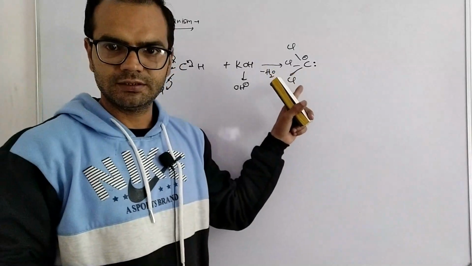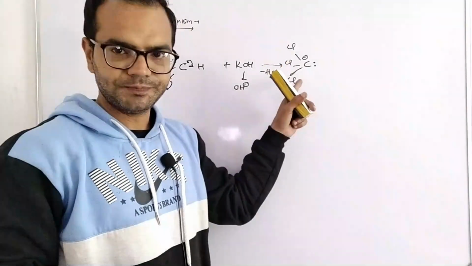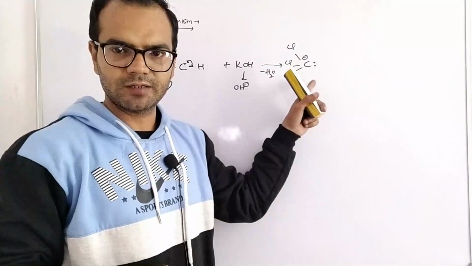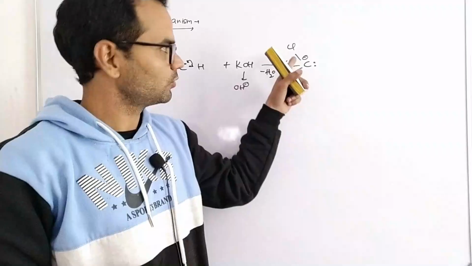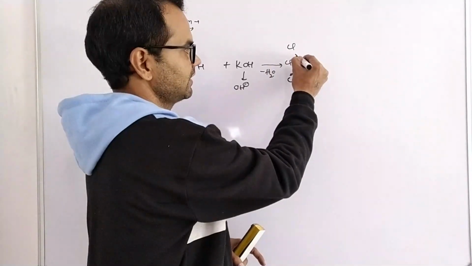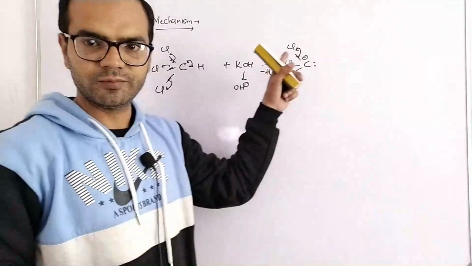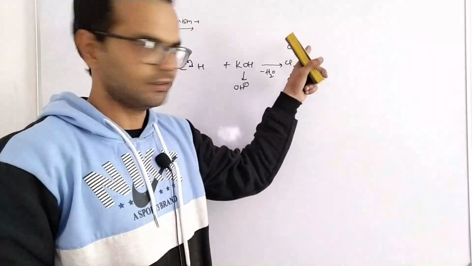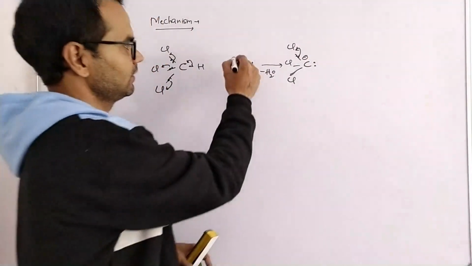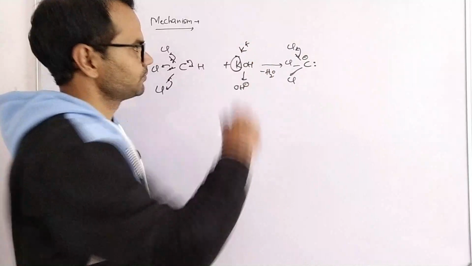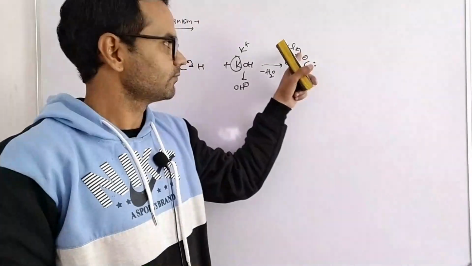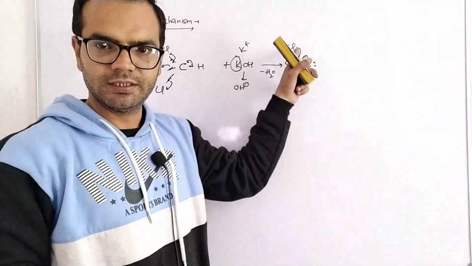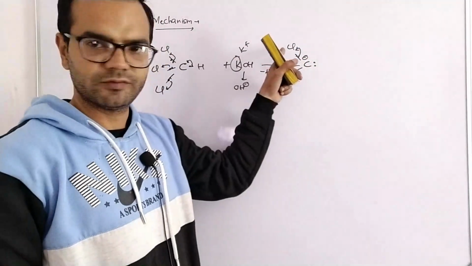So now we have this structure. Due to increased charge density on carbon, and we know chlorine is a good leaving group, it will take its electrons and leave from here, and it reacts with the electropositive metal potassium, and this negative charge will vanish as these electrons will be taken by chlorine, resulting in the formation of KCl.